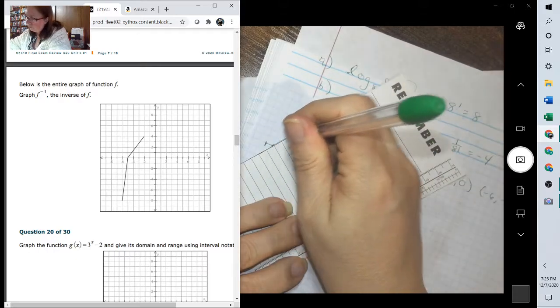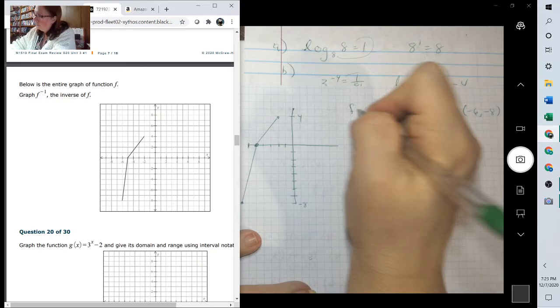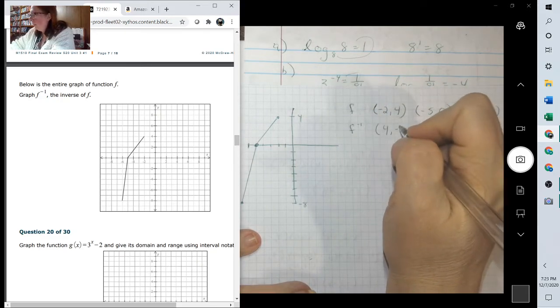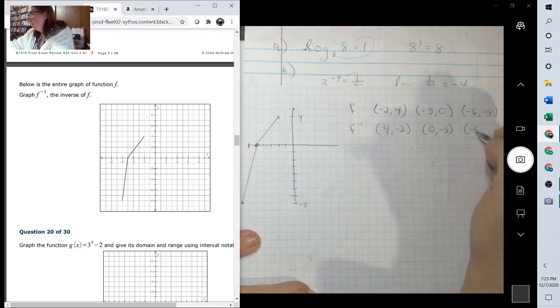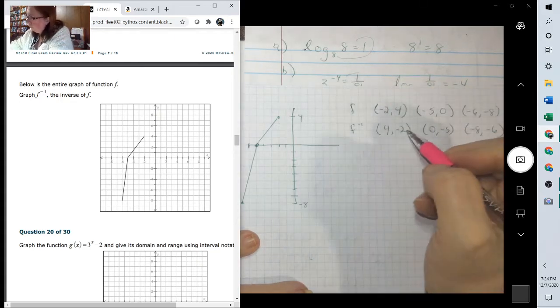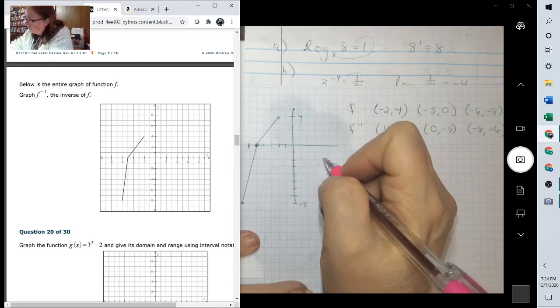So here's the original. Now the inverse, this is F. F inverse, you just flip them. 4, -2, 0, -5, -8, -6. So then if we graph it, 4, -2. 1, 2, 3, 4, -2.